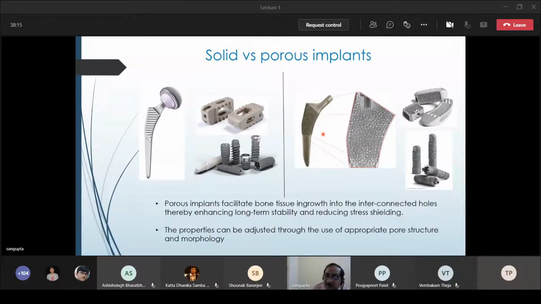So you can calculate it using the homogenization principle, because if bone grows inside the pores, bone and implant together would form a matrix. The properties can be adjusted through the use of appropriate core structure and morphology. Okay? So you can design a favorable porous implant to facilitate more bone ingrowth and less stress shielding.